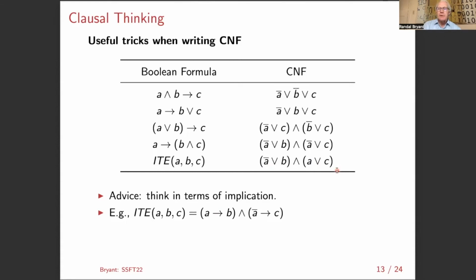I think you'll find other simple examples. If you just think in terms of implication, you'll get these more reliably than if you just try to create raw, pure CNF.